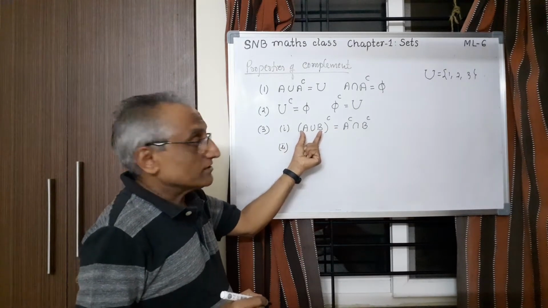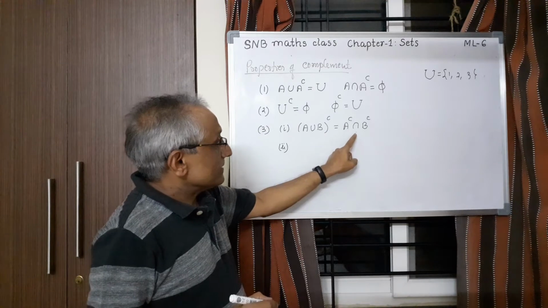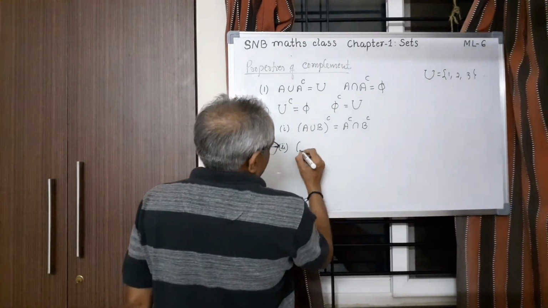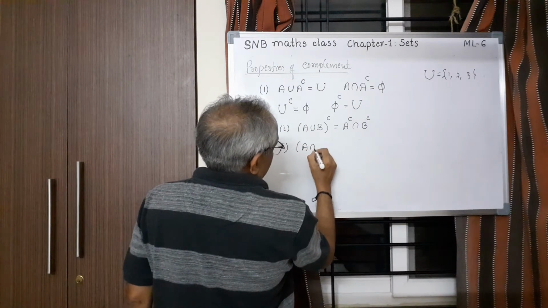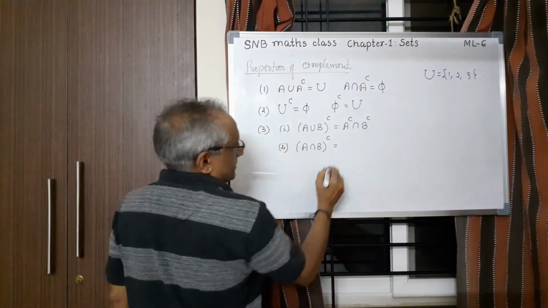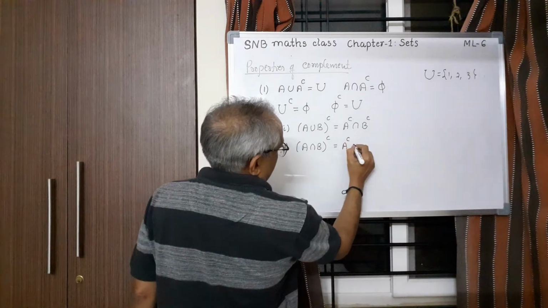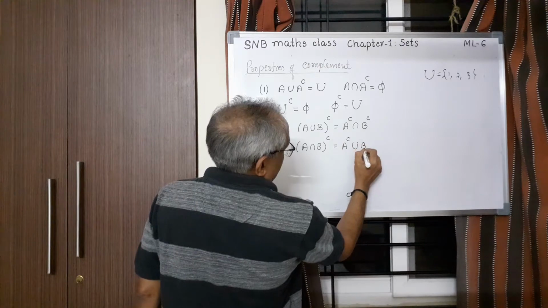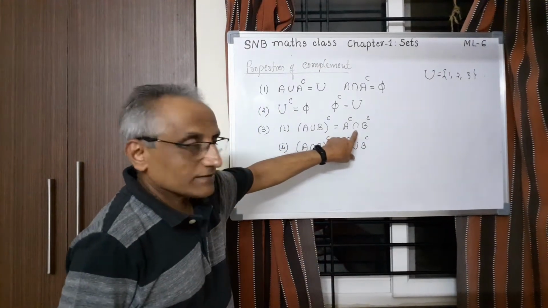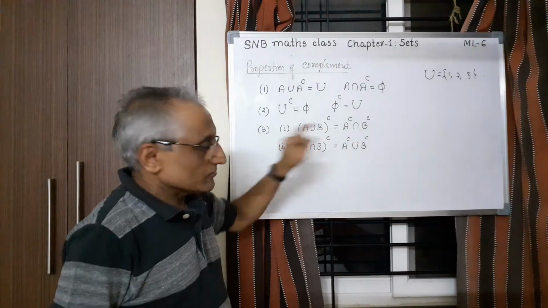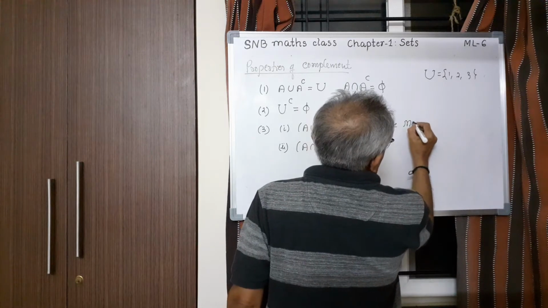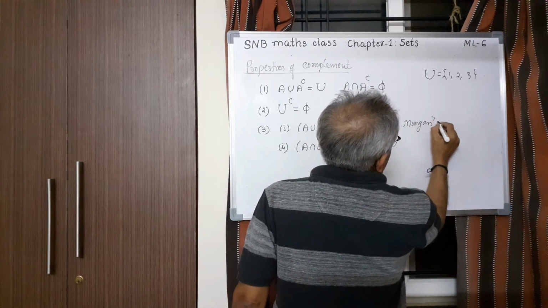That is also equal to A complement intersection B complement. So that is the property. Similarly, (A intersection B) complement is A complement union B complement. It is very easy to remember. Here union, here intersection. Here intersection, here union. So these two laws are called De Morgan's laws.